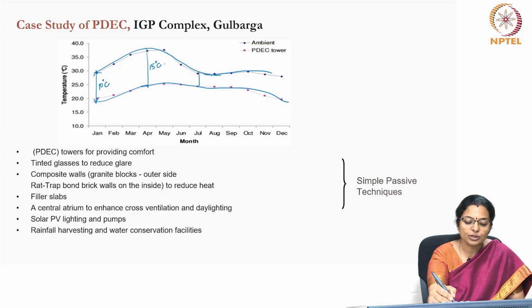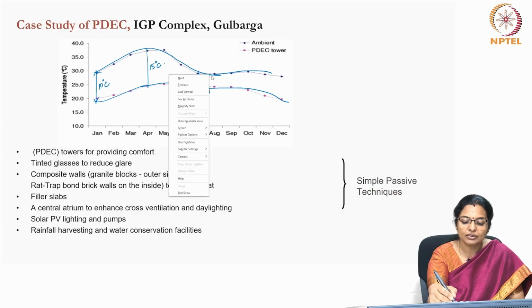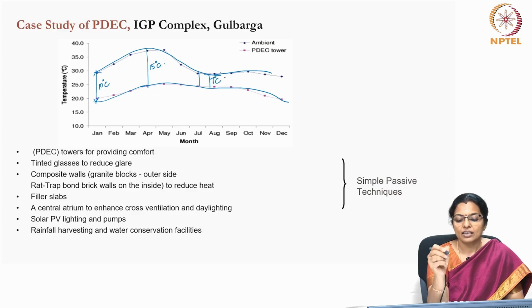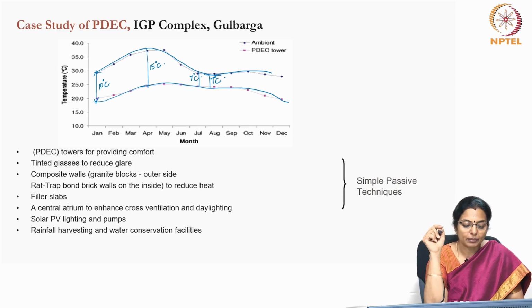Only in June and July the difference is not much, about 7 degrees centigrade. So, this is the impact of having PDEC in terms of lowering the temperature.